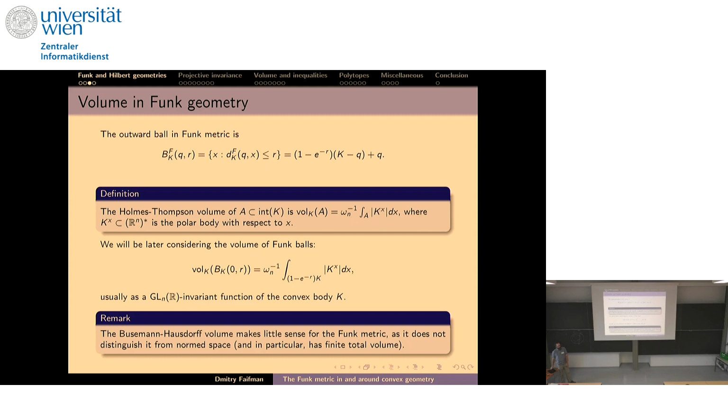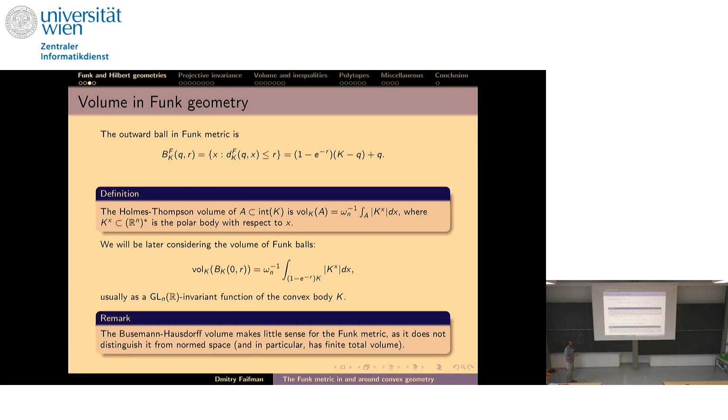So more often than not, I will be restricting attention to centrally symmetric convex bodies, and then there is a natural choice of volume. Okay, a remark here is that in Finsler geometry, typically you have to decide between several reasonable definitions of volume, Holmes-Thompson being one of them, but you also have the Busemann-Hausdorff definition. There are a few other ones.